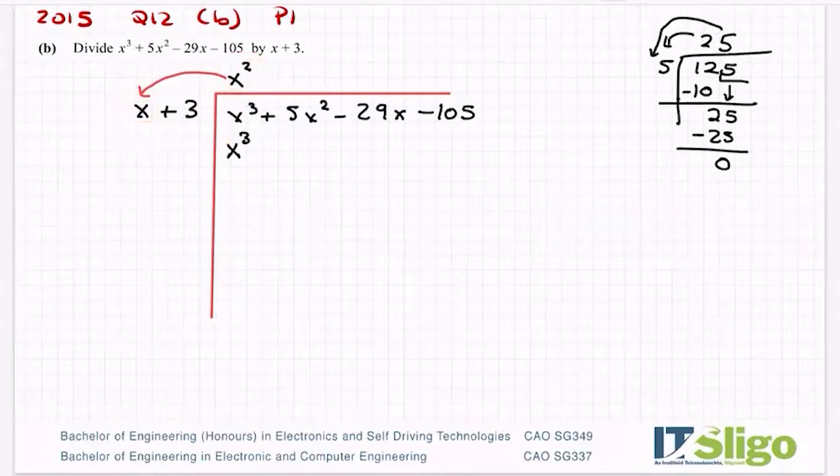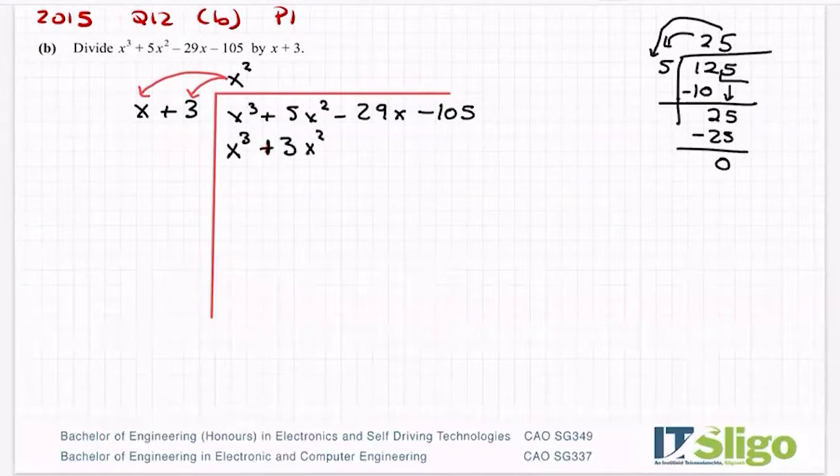Now the 3 is still part of the question. We don't use the 3 when we're dividing it in, but we do use the 3 when we're multiplying to get our remainder. So I went x squared by x to give me x cubed. I'm now going to go x squared by the 3 to give me plus 3x squared.